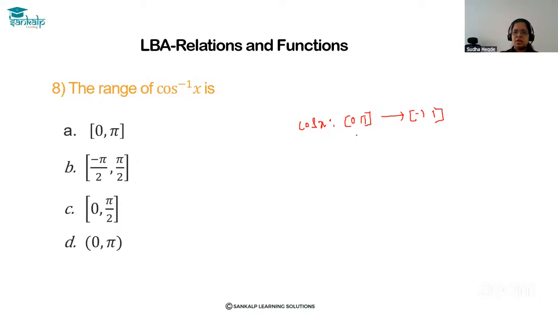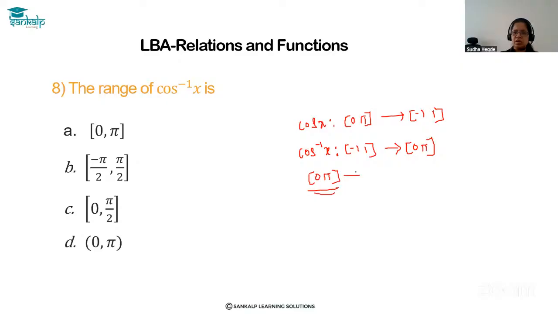So it is bijective and hence invertible, and cos inverse x exists. Therefore, for cos inverse x, interchange domain and codomain. So it is from -1 to 1 to 0 to pi. Therefore, the range of cos inverse x is 0 to pi.